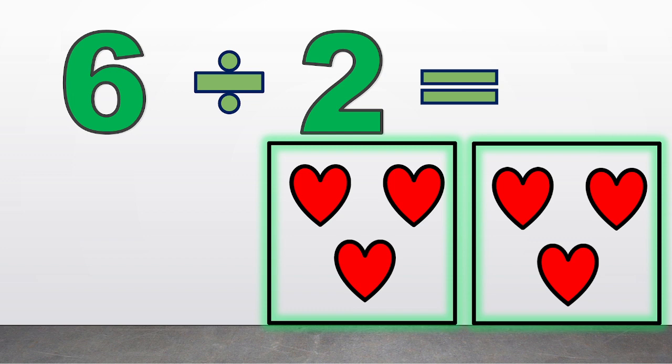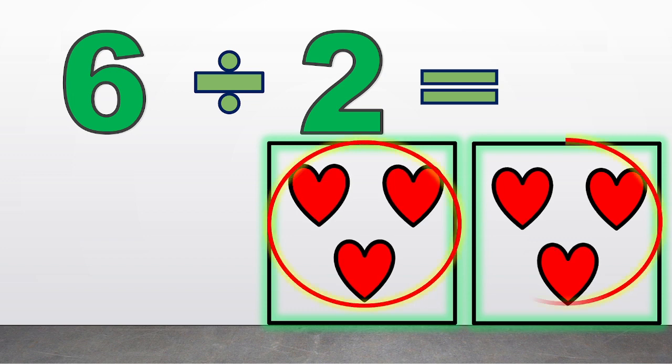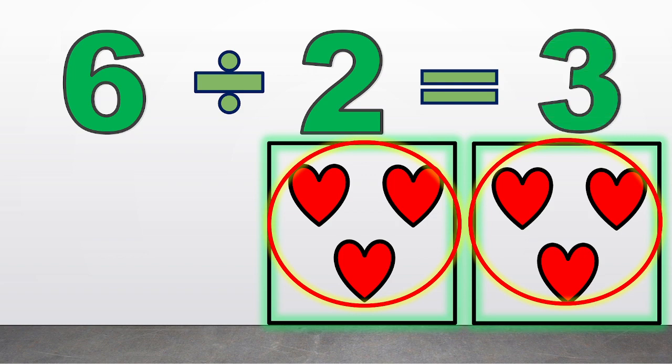So, the answer is 3 hearts in each group. 6 divided by 2 equals 3.